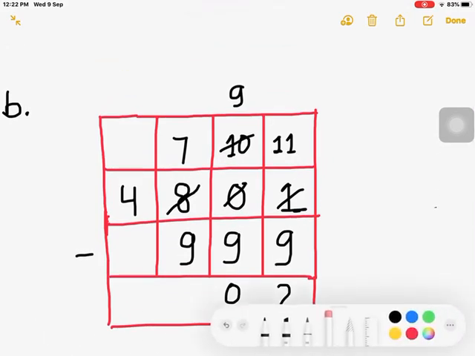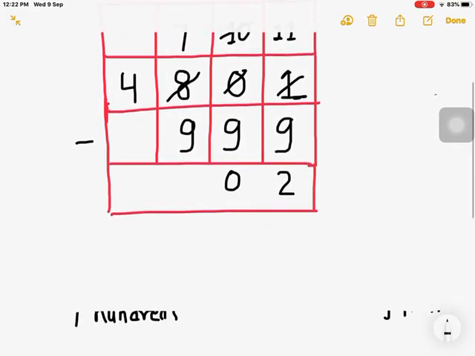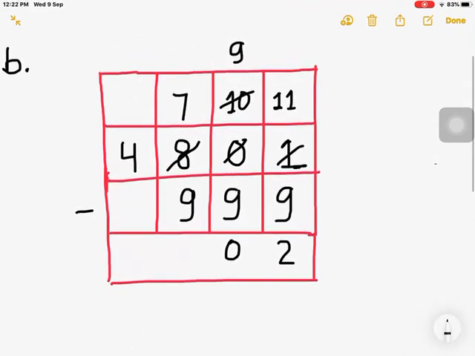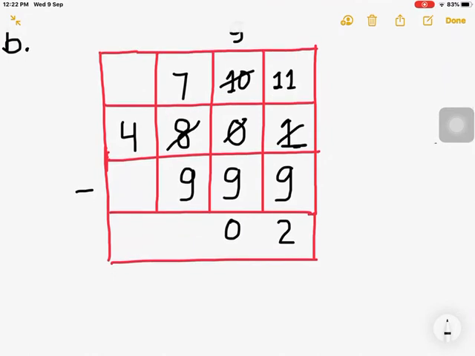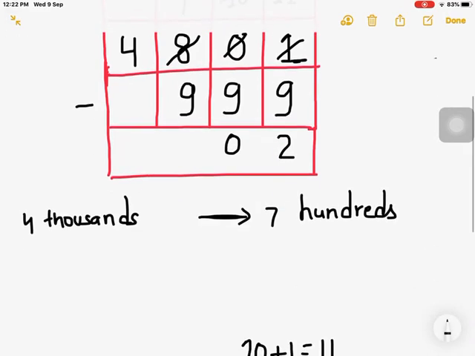Yes, in the thousand place we have 4, so it gives 1000. We have 4000 here, but we have 700 here, isn't it? It gives 1000 to 700.